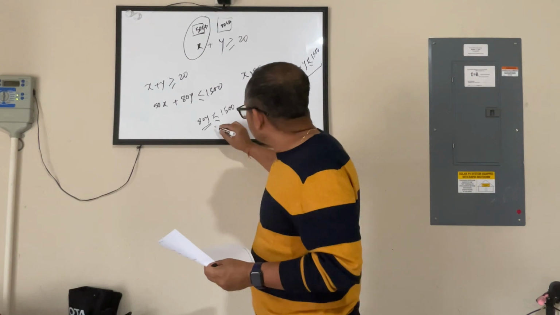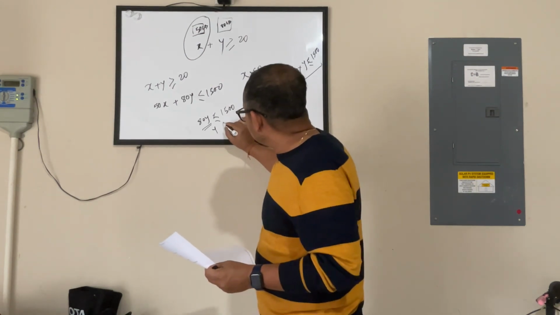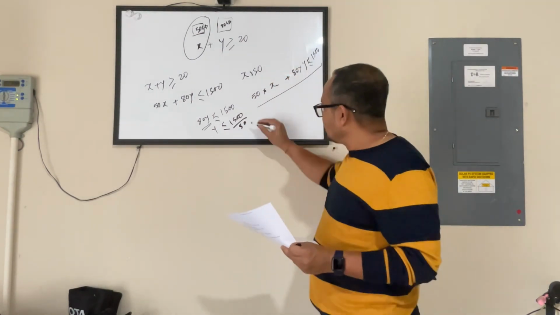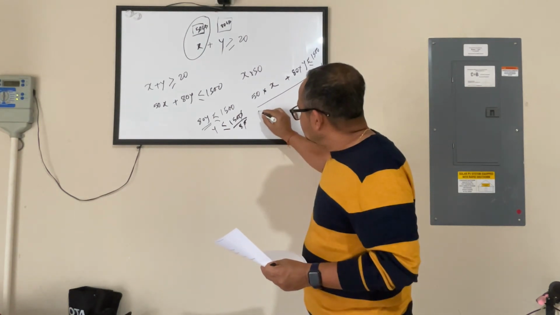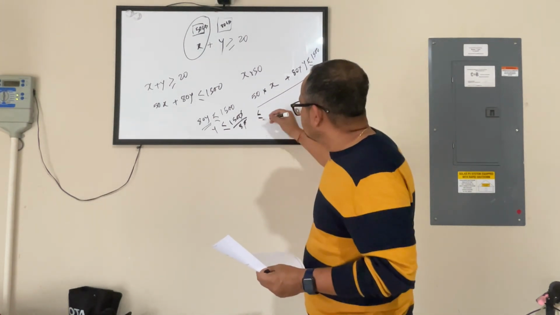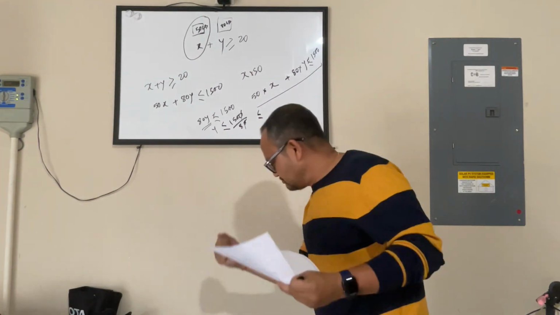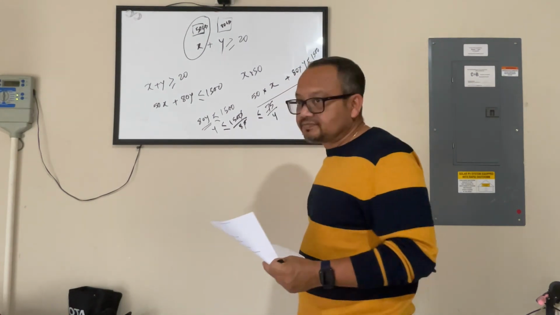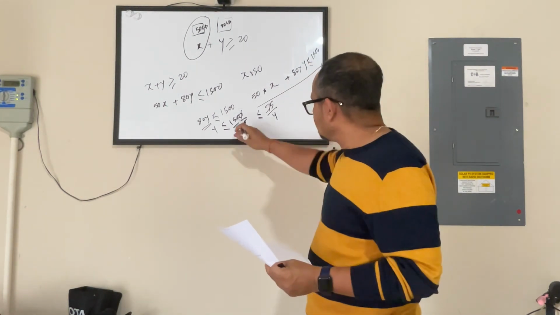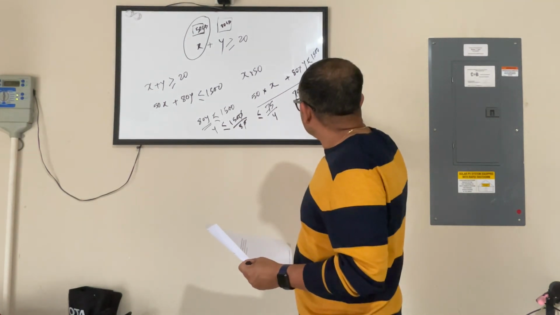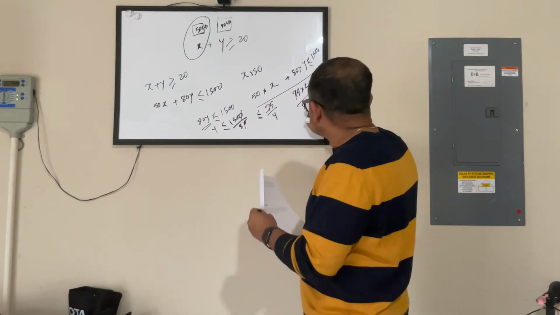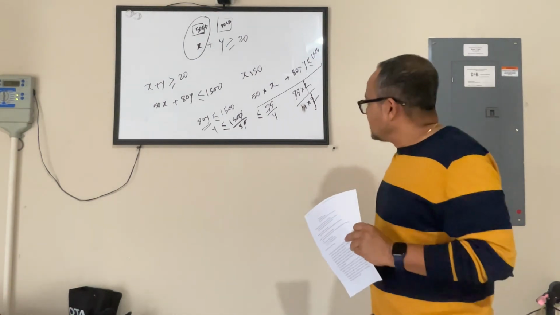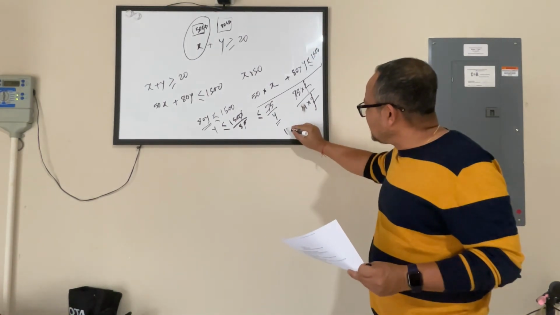So basically y has to be less than or equal to 1500 divided by 80. 150 I can write as 75 into 2, and 8 I can write as 4 into 2, and I do tic-tac-toe. So 75 by 4 is what? It's 18.75.